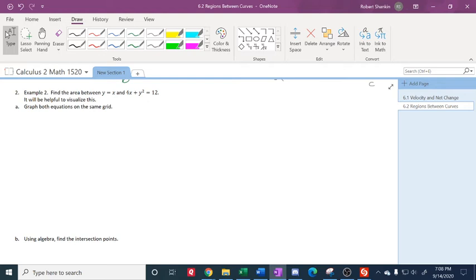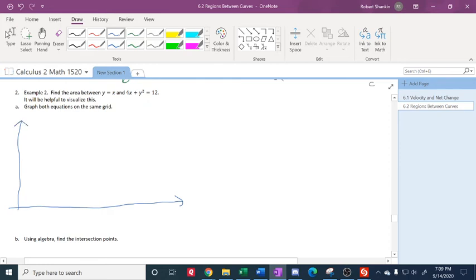So let's graph those two. All right, graphing y equals x is no problem.